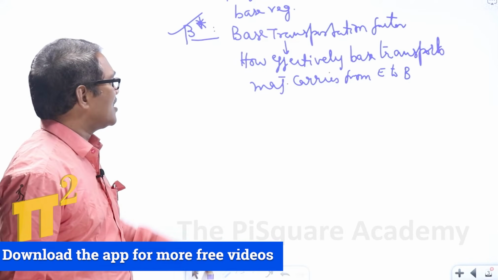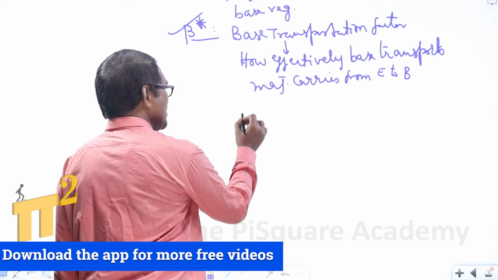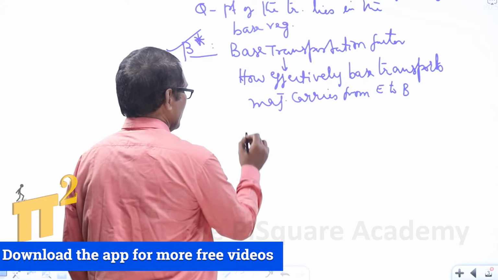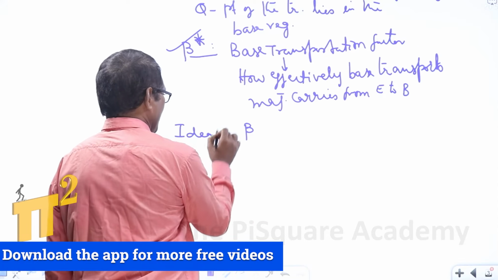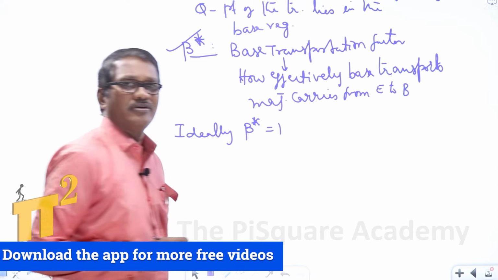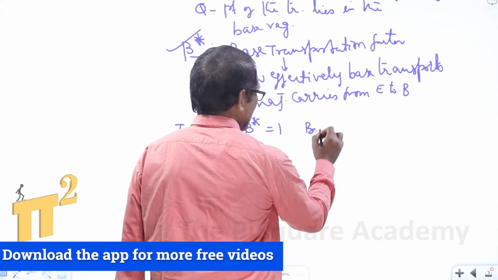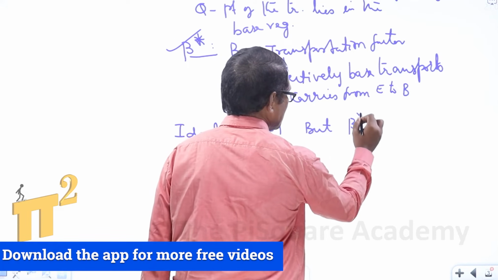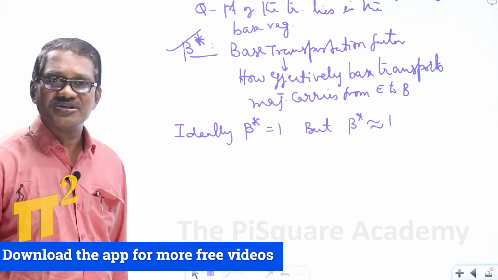The ideal value of the base transport factor is 1. Ideally beta star is 1. Have you understood this? But practically beta star is approximately equal to 1. Have you understood this, right?